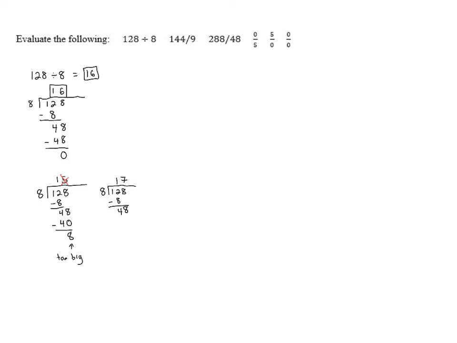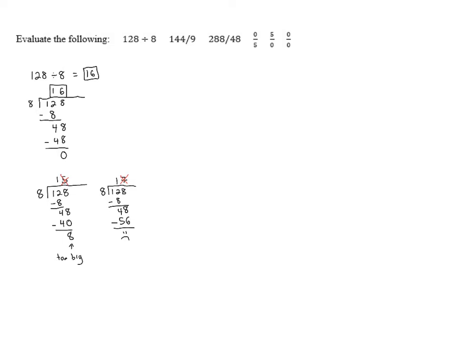Now, when we multiply here, 8 times 7 is 56. And we can't actually do this subtraction because 56 is larger than 48. We would end up with a negative number, and we're not allowed to have negative numbers here. So in this situation, because we couldn't do the subtraction, we can see that our guess of 7 was incorrect.